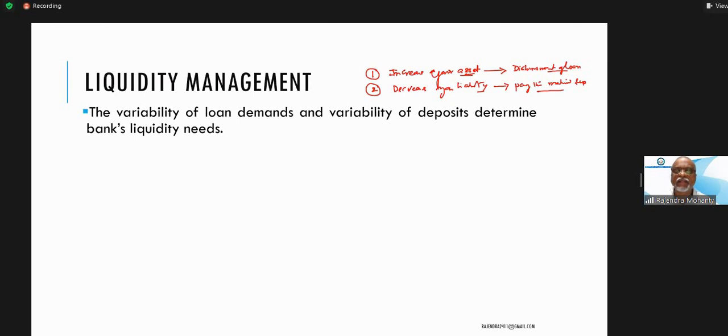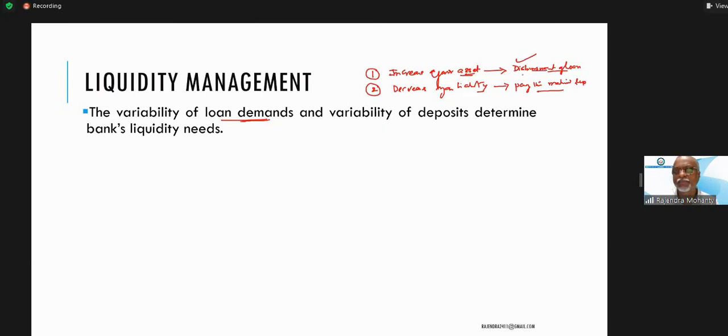So we can say that the variation of loan demand, that is the disbursement of loan, and the variability of deposits, whenever deposits mature or somebody wants to withdraw, these two things determine the bank's liquidity needs.